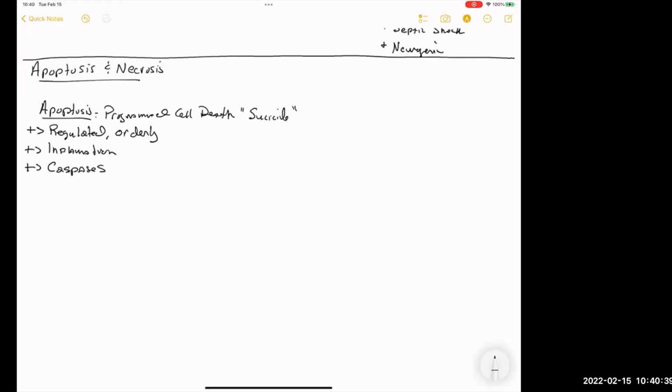You begin catabolic reactions that chop things up. And then you get these little blebs and bulges that form, and then they shrink into what are called apoptotic bodies. And then those apoptotic bodies are engulfed by neighboring cells. Okay.